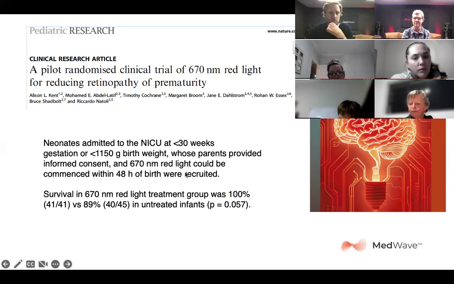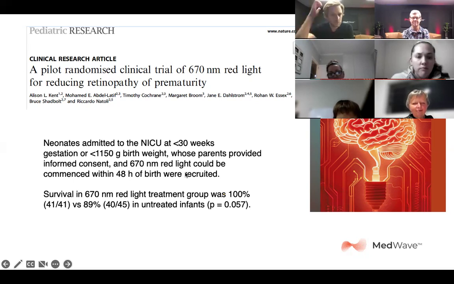So premature babies have got a risk of blindness because their retina is not up to speed, because these children are born prematurely. And so they looked, would red light benefit this? Because there's lots of mitochondria in the retina. Could this help? And interestingly, it didn't help at all from a research perspective because you couldn't get the light in the children's retina. It was difficult. They would turn away from the light, etc., etc.